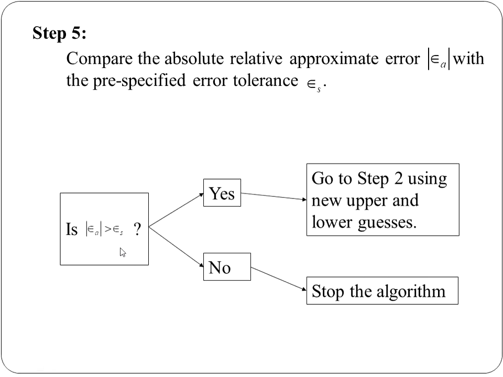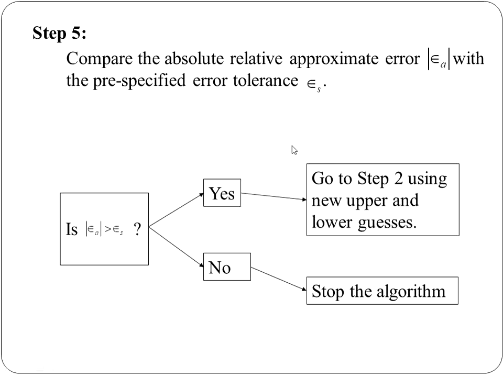If not, you can repeat the steps from 2 up to 4. So you compare the absolute relative error with the pre-specified error tolerance. If it is yes, go to step 2 using new upper and lower guesses. If it is no, you can stop the algorithm. It is mostly used for the accuracy based approach.